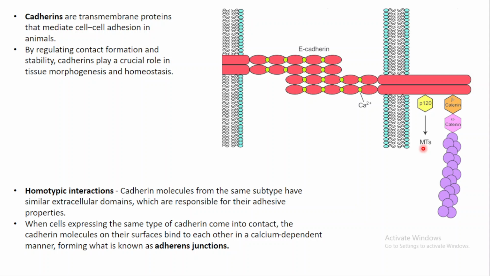So this is how a cadherin interaction at the extracellular cell membrane is transferred into the intracellular cytoskeleton of actin and microtubules.